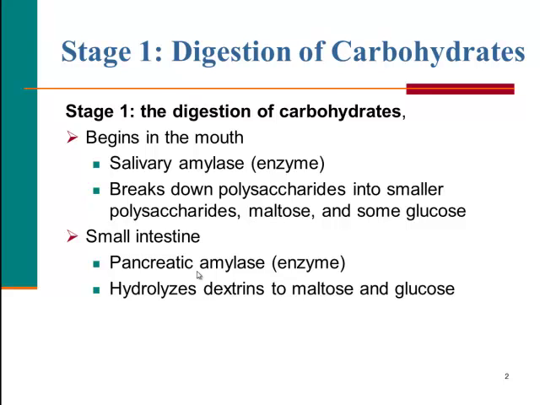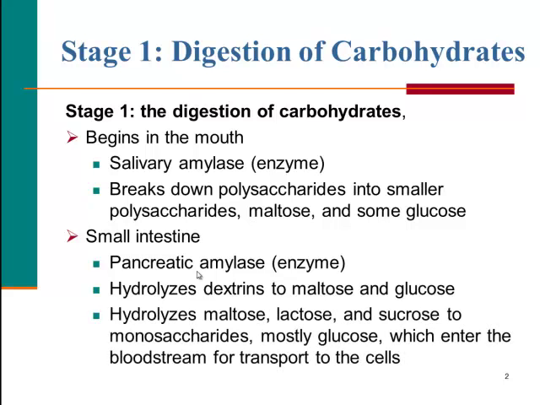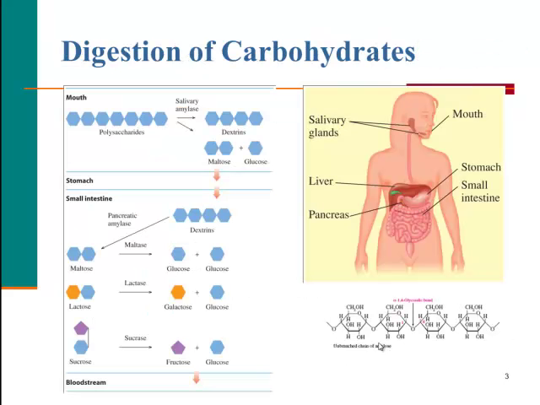We're going to continue to break down our molecules into individual monosaccharides, where maltose, lactose, and sucrose are all going to be broken down into their individual monosaccharide components. Most of those monosaccharides are going to be in the form of glucose, which is going to be directly transported into the blood through the intestinal cells that line our small intestine.